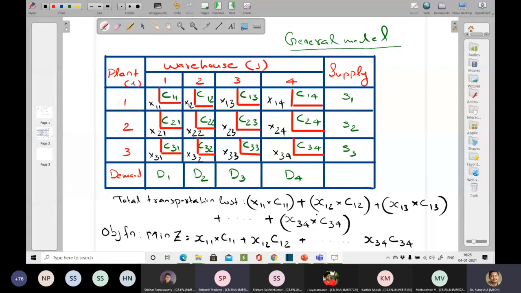So in that case, whatever you have told, x11 plus x12 plus x13 plus x14 equal to S1. Less than or greater than conditions will also be okay. So first three constraints we will have in terms of supply.